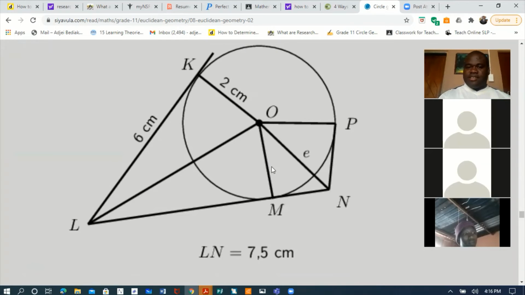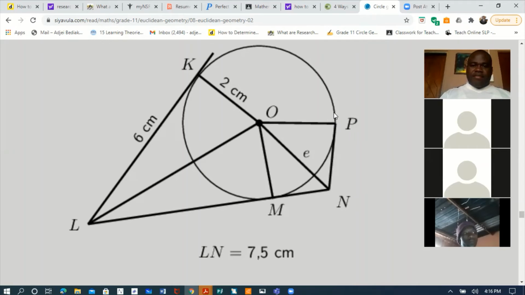Now, what line is this, ON? A segment. A segment is actually the space that is covered by an arc and a chord. Are we together?